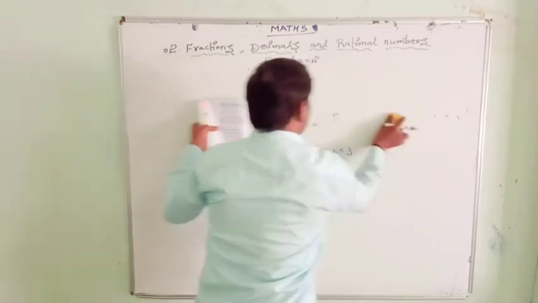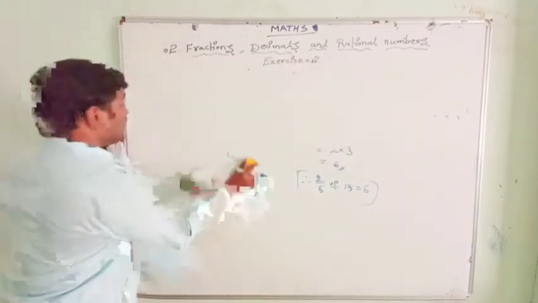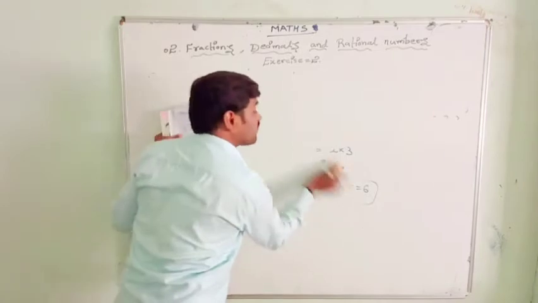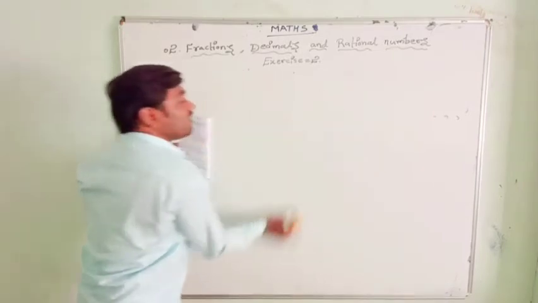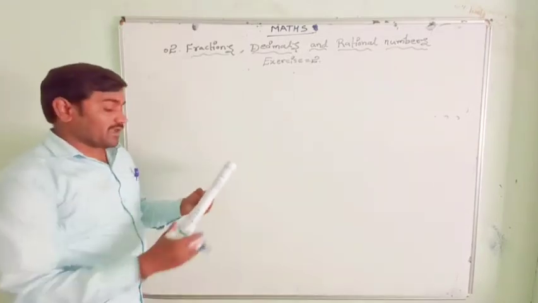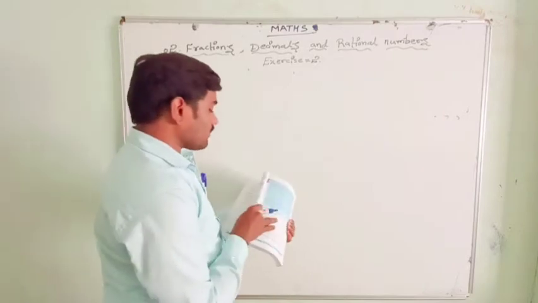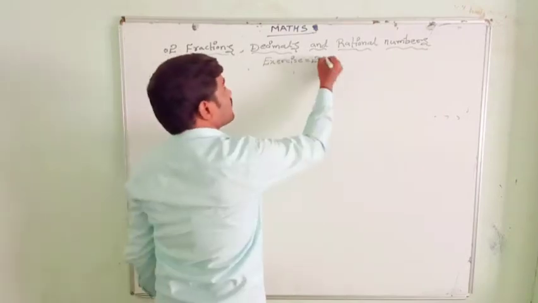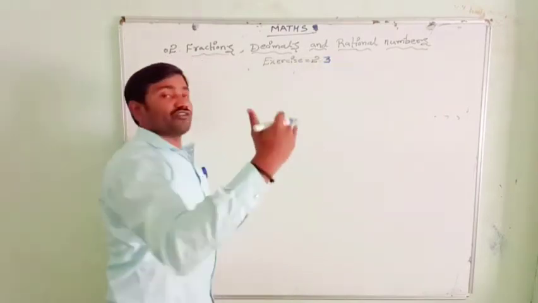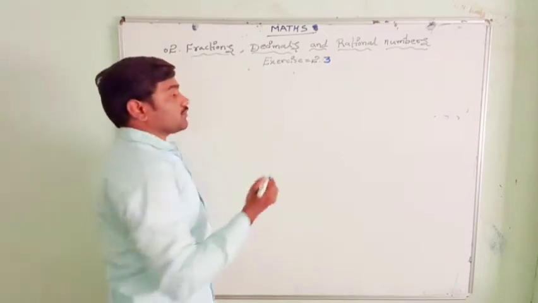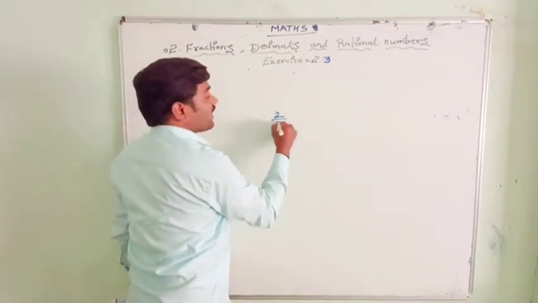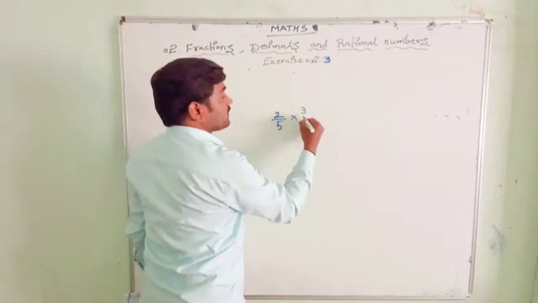in 2.3, we are going to multiply a fraction with a fraction. Okay. The product of two fractions will always give us the product of numerators by the product of denominators. Suppose 2 by 5 into 3 by 7.